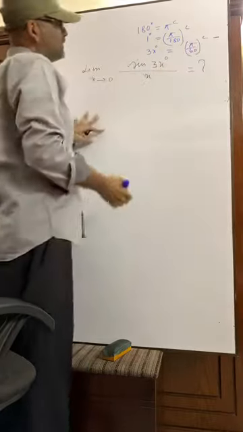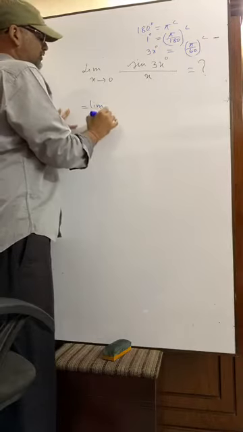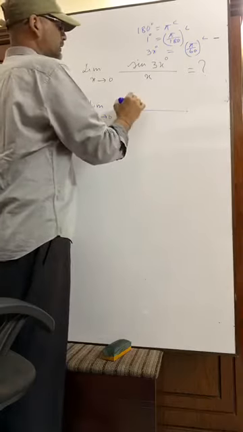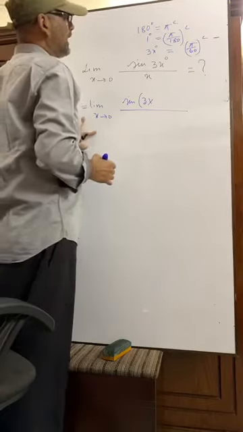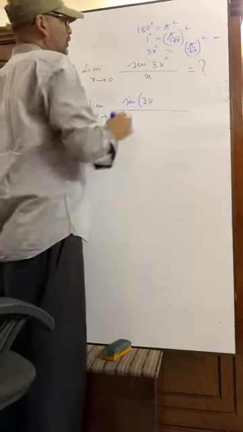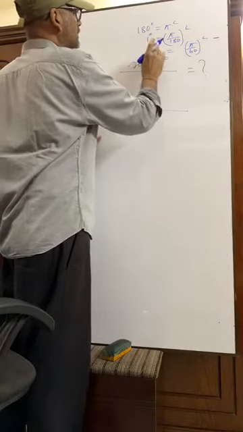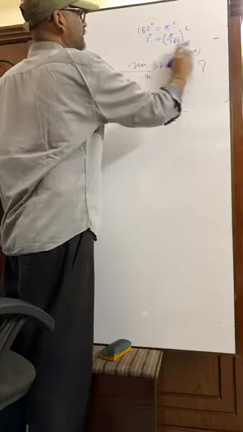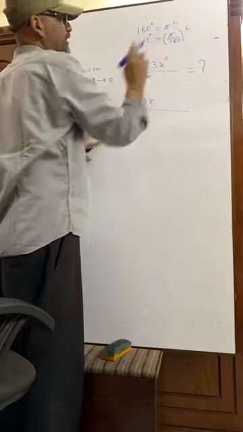So we can write like this: limit x tends to 0, sine 3 into x degree. I'm sorry, here 3x degree. You just keep 1 degree equals to this.